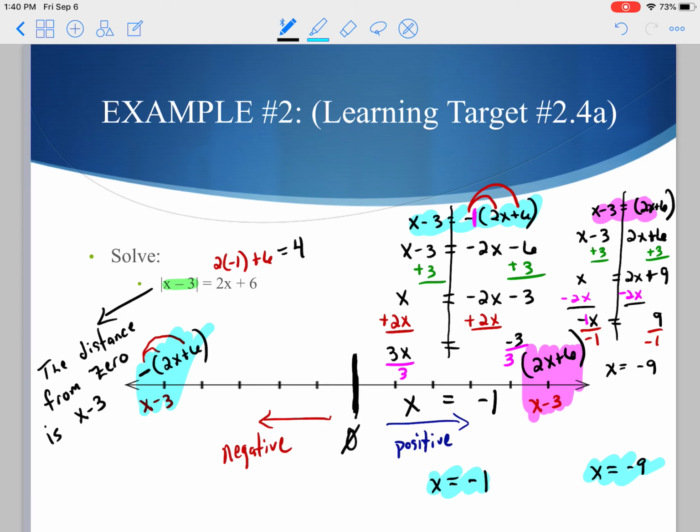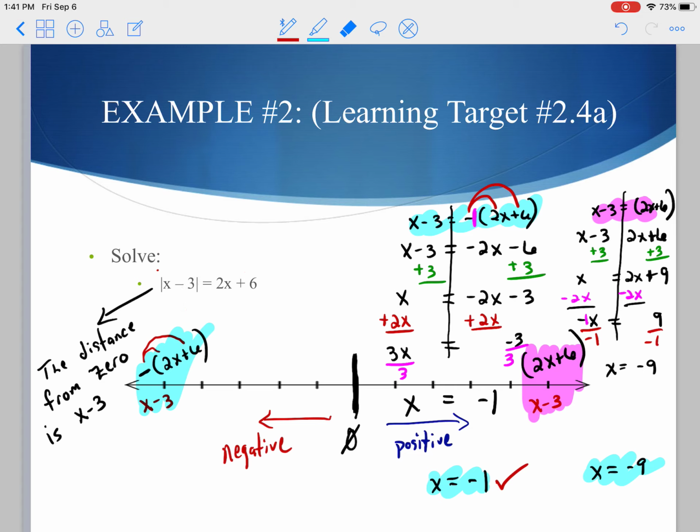Well, that's a valid solution. And if I look inside the grouping absolute value and negative 1 is substituted for x, negative 1 minus 3 is negative 4. The absolute value of negative 4 is 4, therefore I have a valid solution.